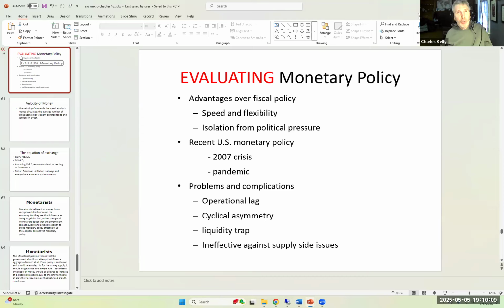So the Fed's pretty good at reining in inflation during those economic problems. But what about during a recession?